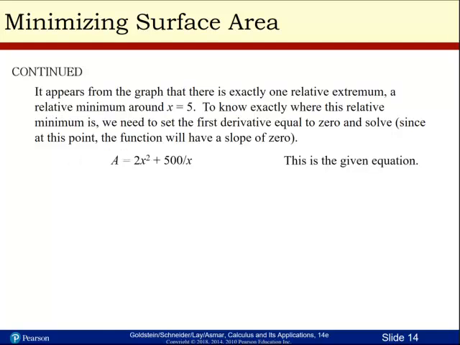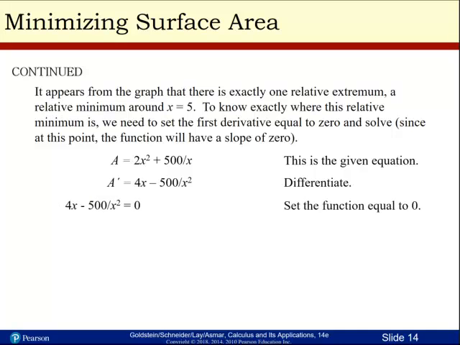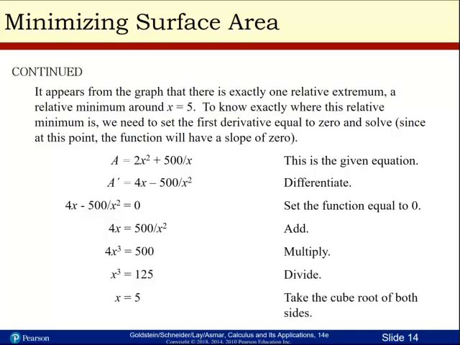So here's our area equation. We're going to take the derivative, and when we take the derivative, we find that a prime is 4x minus 500 over x squared. Set this equal to 0, and then we're going to solve for x. What we will end up with is that x equals 5.